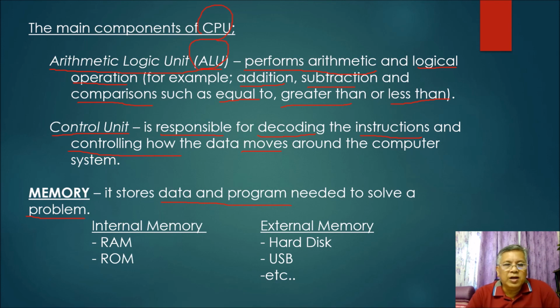So what are the different types of memories? We have the internal memory, such as, for example, the RAM or random access memory, or ROM or read-only memory. So these are the internal memories. Later on we will see, like for example, the cache and so on.